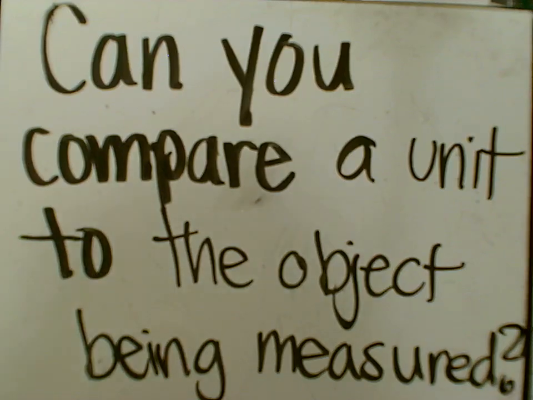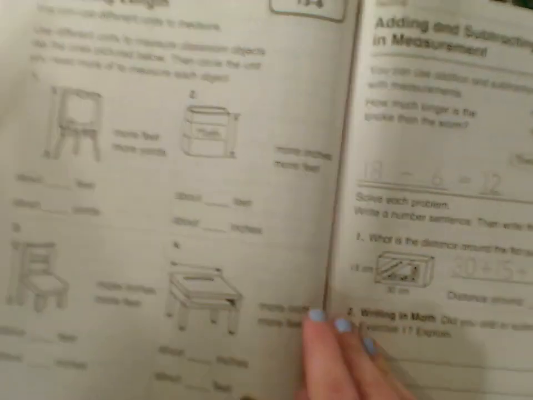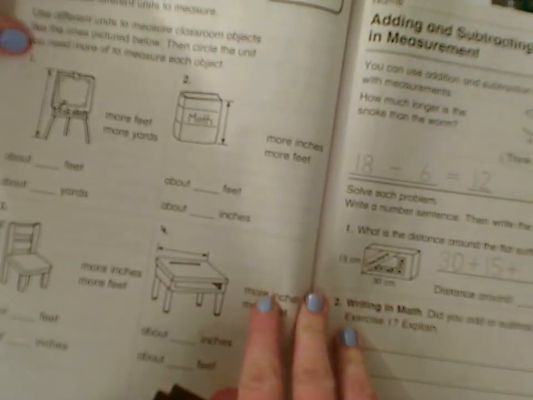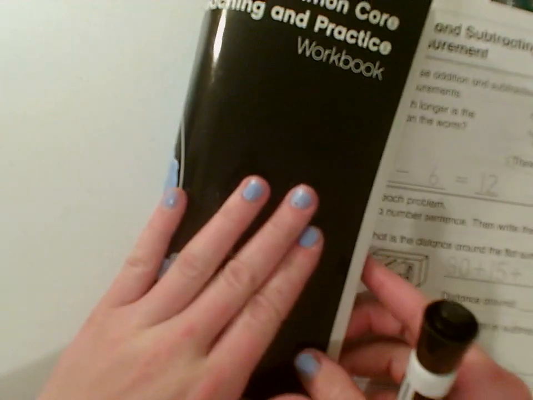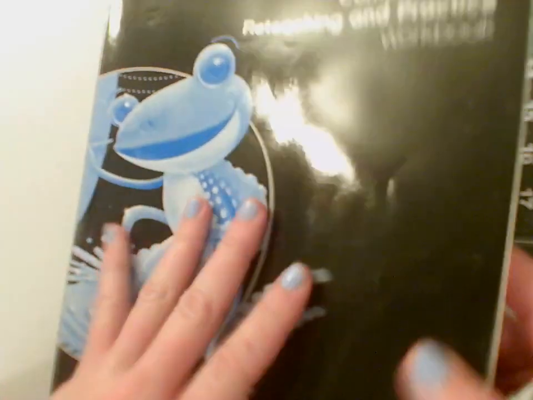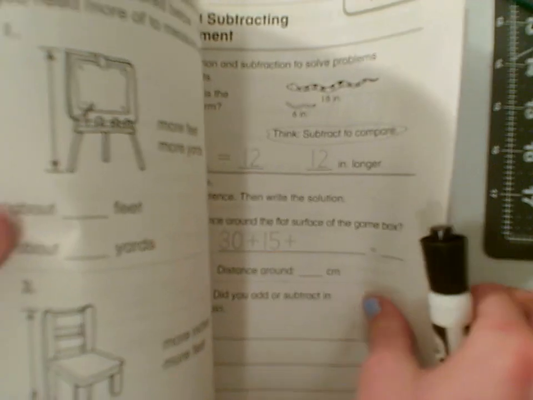Remember, our math goal of the day is to see if you can compare a unit to the object being measured. So we're going to go ahead and do some practice together. Can you please get out your math workbook, this black math workbook, and turn to 15:6.